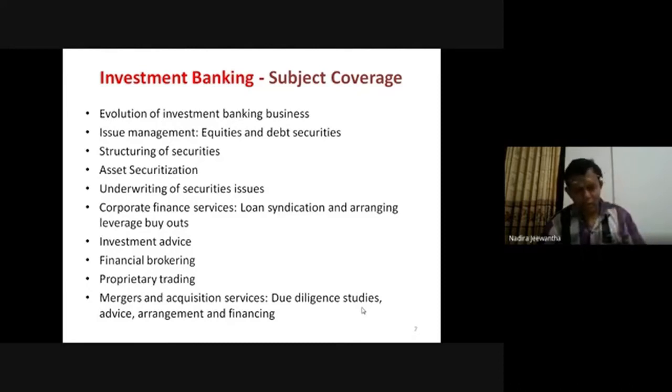See question number 4 in the latest question paper, sub question 3: briefly explain what a due diligence audit is and outline 3 importance of due diligence in M&A. The 5-mark question, right?